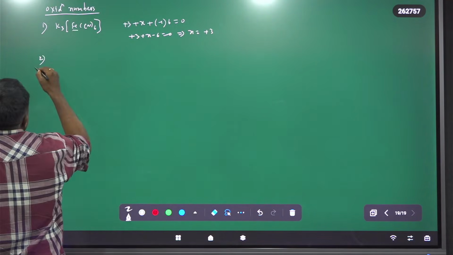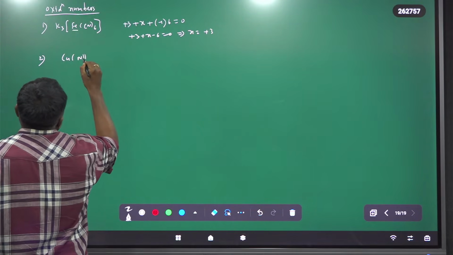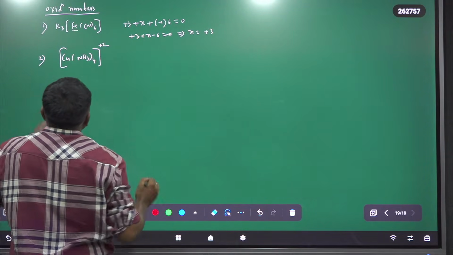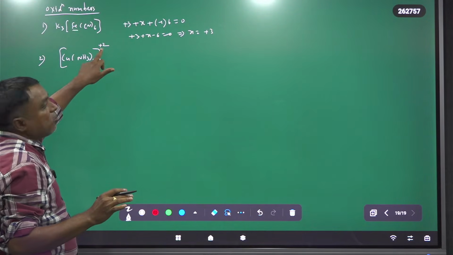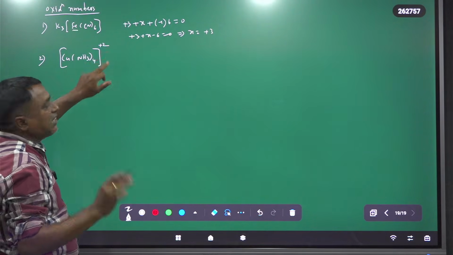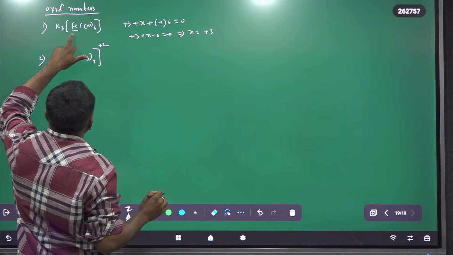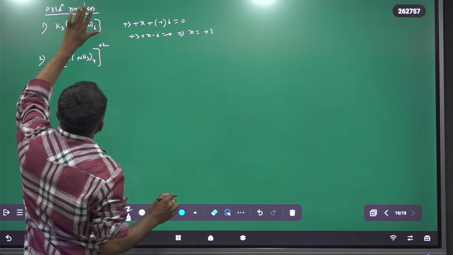Suppose if you take [Cu(NH3)4]2+. So the sum of oxidation numbers of all the atoms must be equal to plus 2, the charge present on the complex. This is the complex cation. This K3[Fe(CN)6] is a neutral compound; is there any charge on this one? No charge.